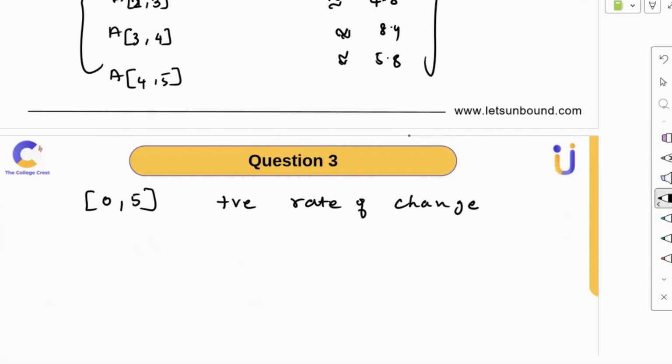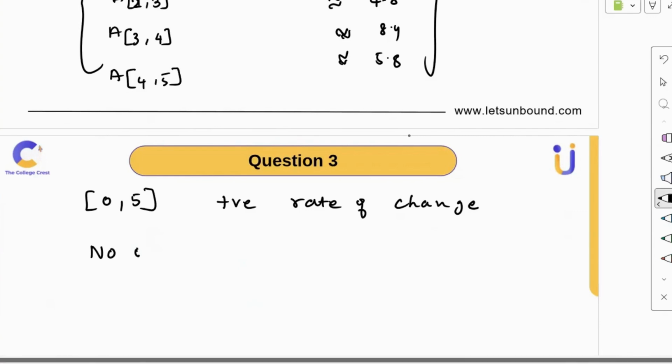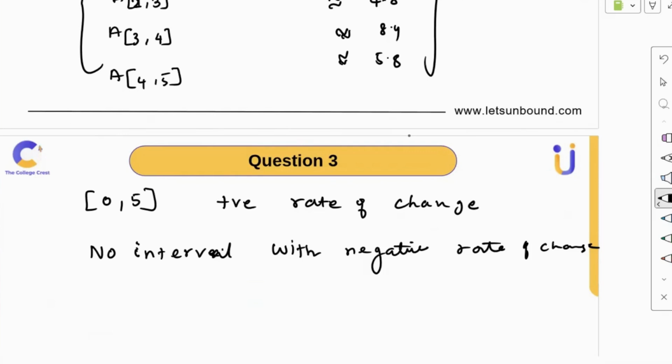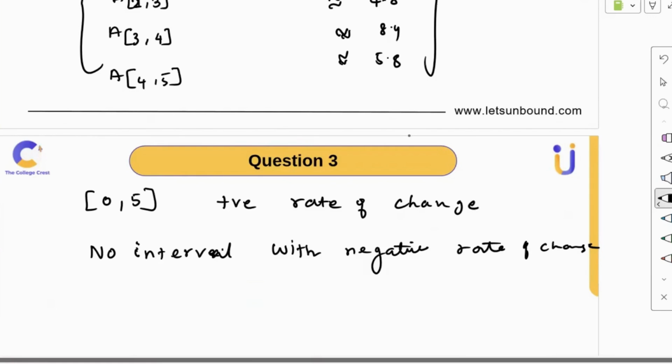So you can say there is no interval with a negative rate of change. Why? No part of the function is decreasing here. Almost every part has increasing behavior, so no interval has decreasing behavior.